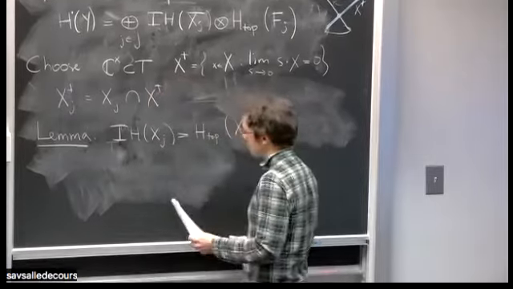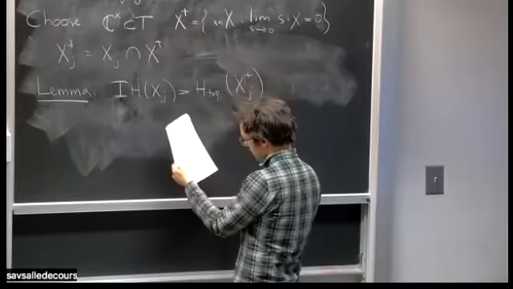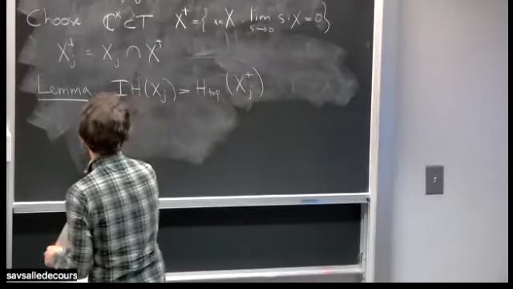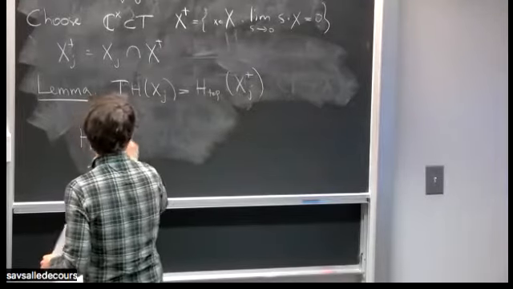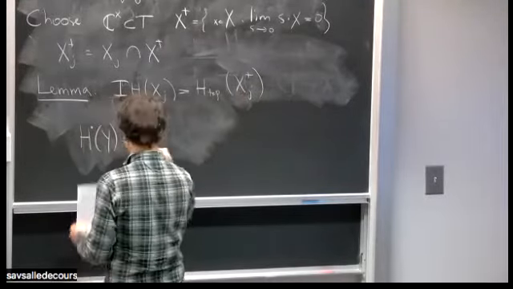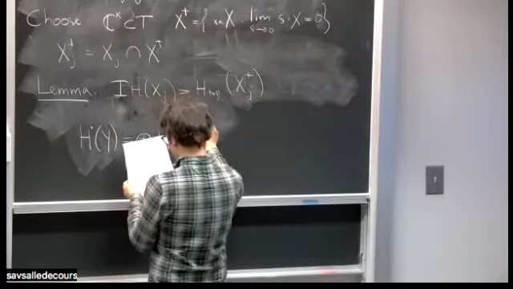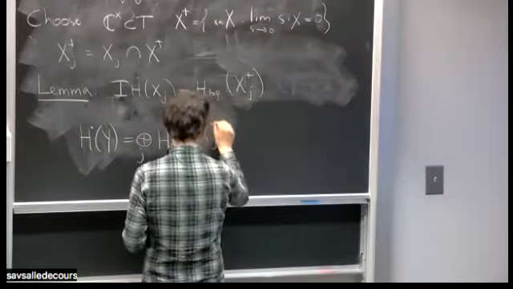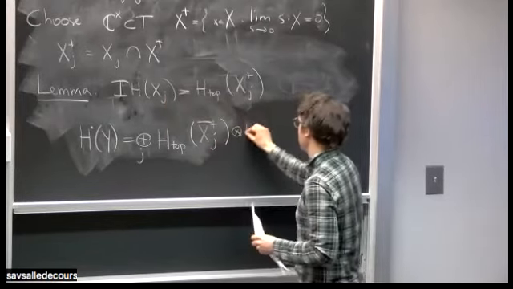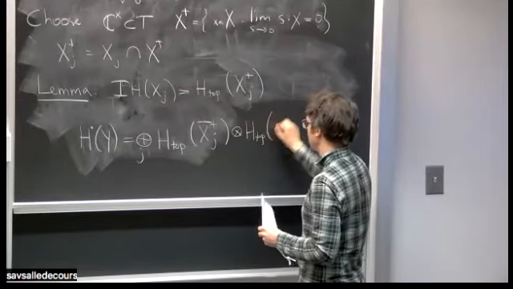So after replacing this intersection homology by the top homology, we reach the following: that the cohomology of Y decomposes as a direct sum over the strata of the top homology of the attracting set of the stratum tensor the top homology of the fiber.